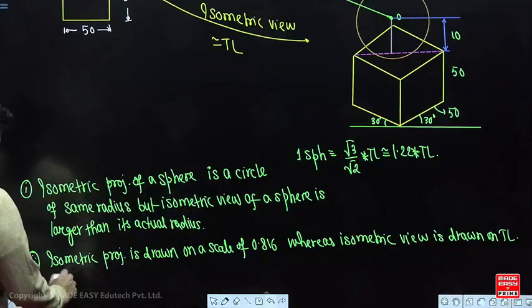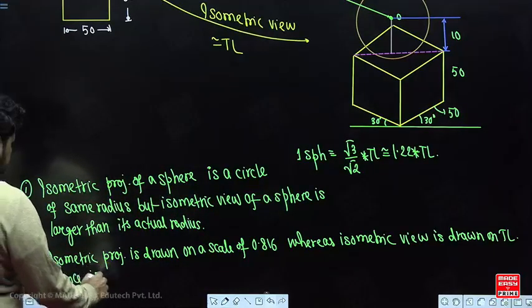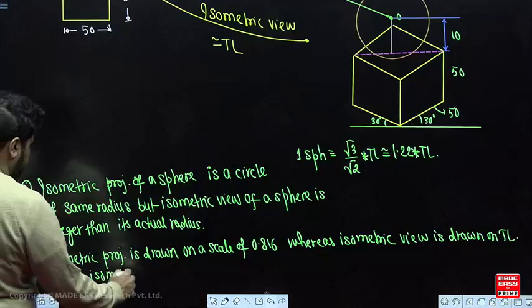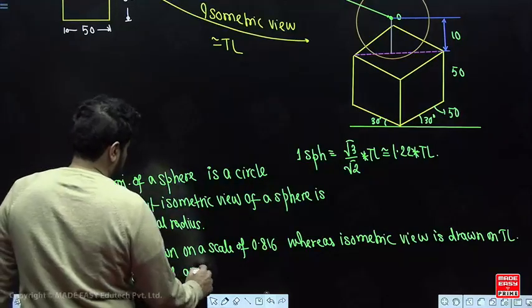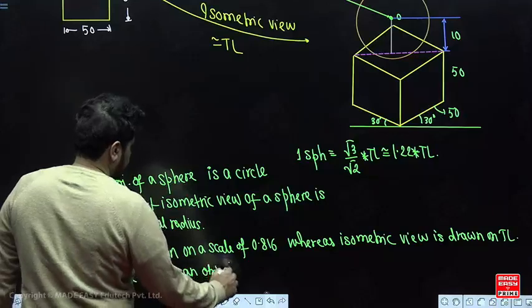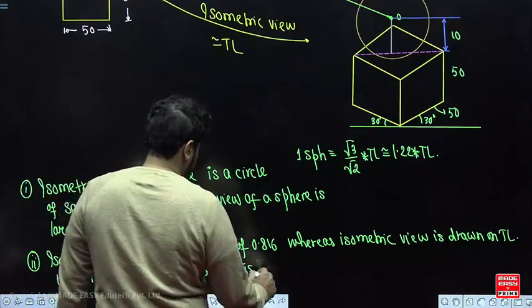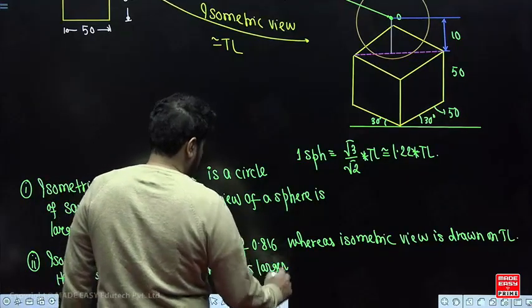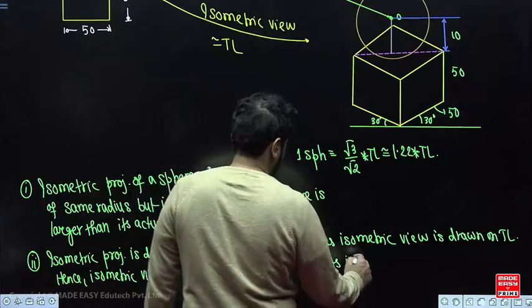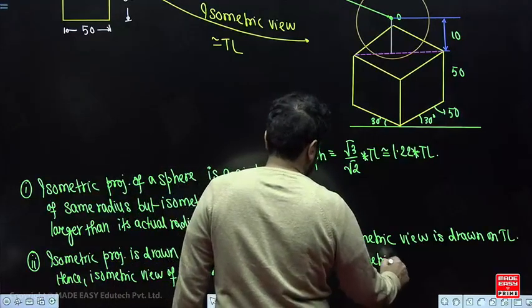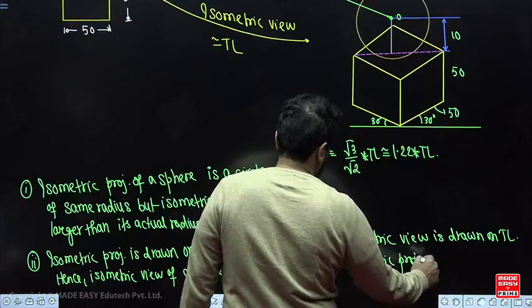Hence, isometric view of an object is larger than its isometric projection.